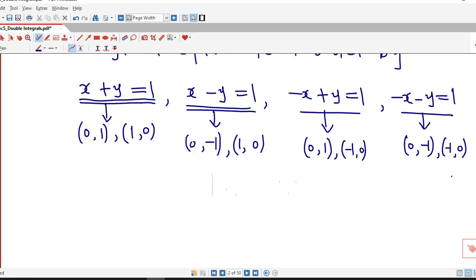So these lines can be sketched by joining these points. If we join these 2 points, we will obtain this line in the xy plane. Similarly, by joining these 2 points, we will obtain this line, and similarly this line. So first we need to sketch all these 4 points in the xy plane.